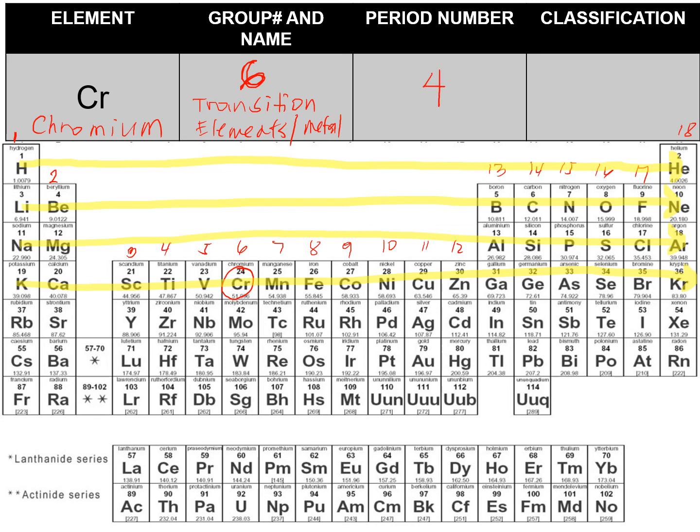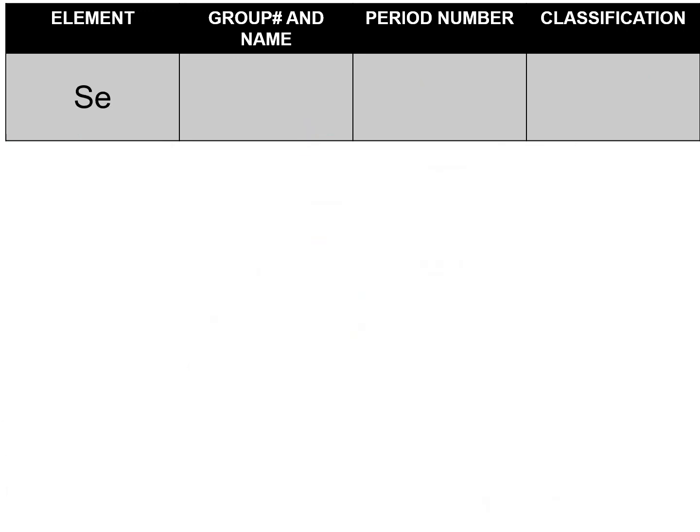Ano ang classification ni chromium? Metal, metalloids, or non-metal? So, i-identify na natin yung staircase. Ito, yung hagdan natin. 'Di ba? So, ano siya? Nasa left siya nung hagdan. So, ibig sabihin siya po ay metal. Ayan, yung kanyang classification.